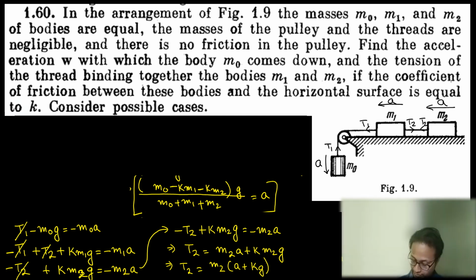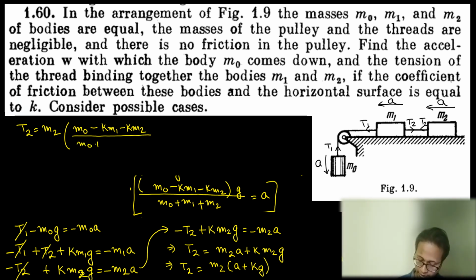So out here T2 is equal to m2 into a. What is the value of a? (m0 minus k m1 minus k m2) divided by (m0 plus m1 plus m2), into g, plus k into g.